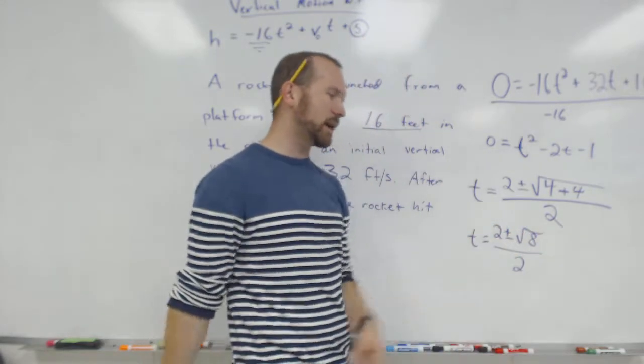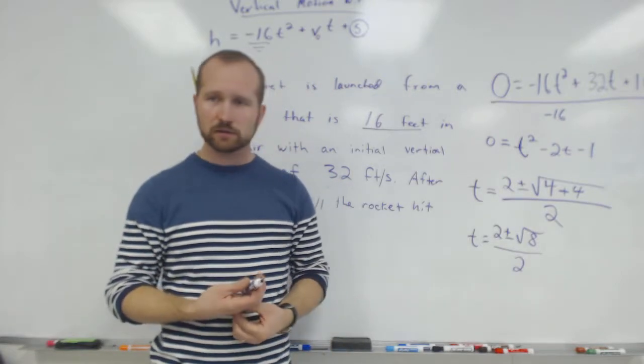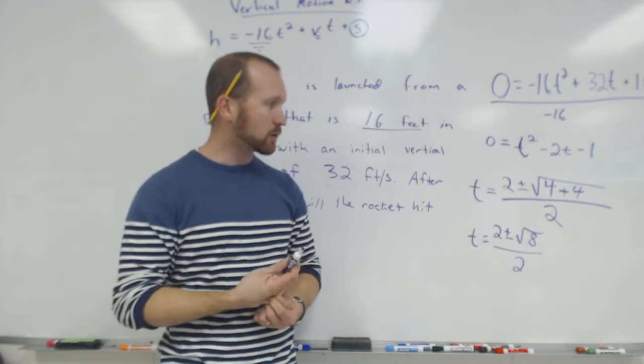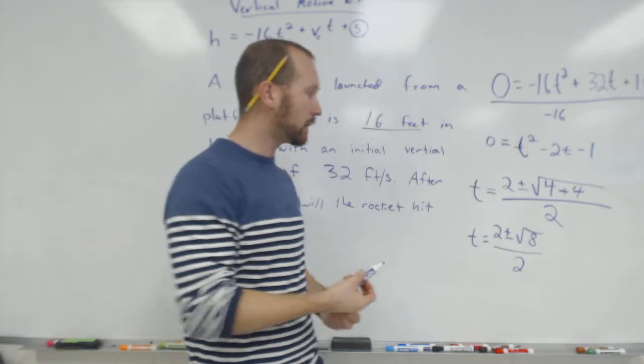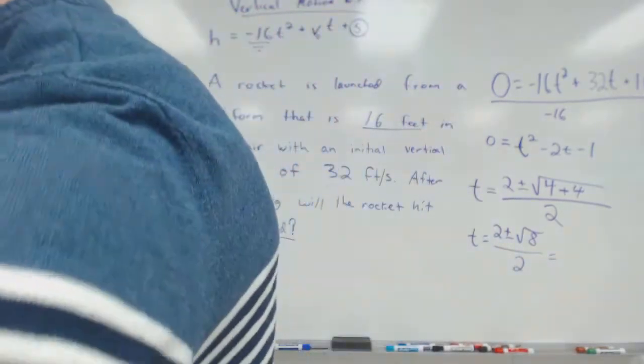Yeah, the square root of 8 is not 2, right? It's not 4. The square root of 8 we actually don't know. And so what I would do at this point for a problem like this is probably grab my calculator and type it in.